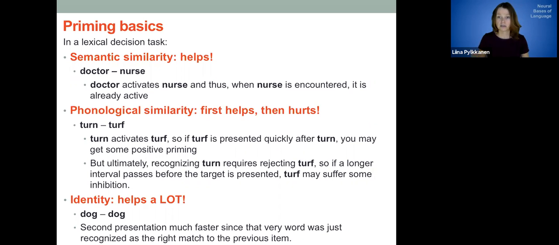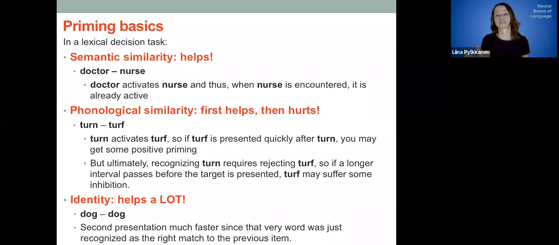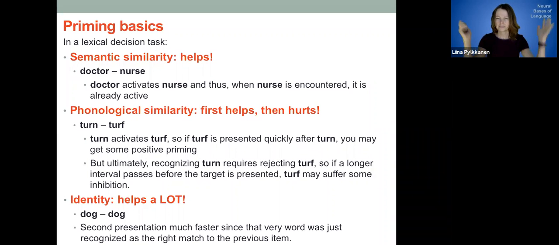So you get dog and you're like, yes, dog, this is the right representation. And then you get it again, you're like, okay, whoa, this is very easy because I literally just accessed this representation.